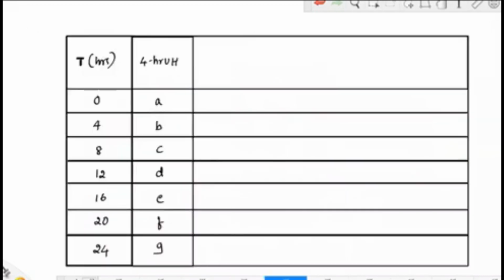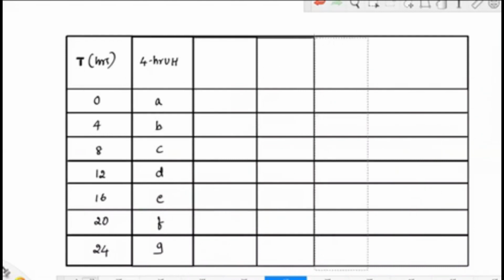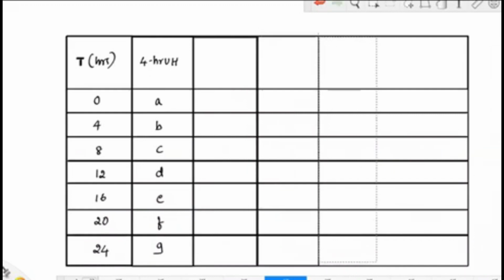So totally 3 DRH columns you will get: first DRH, second DRH, third DRH. So the first DRH will be equal to the unit hydrograph into R1 divided by 1 centimeter.